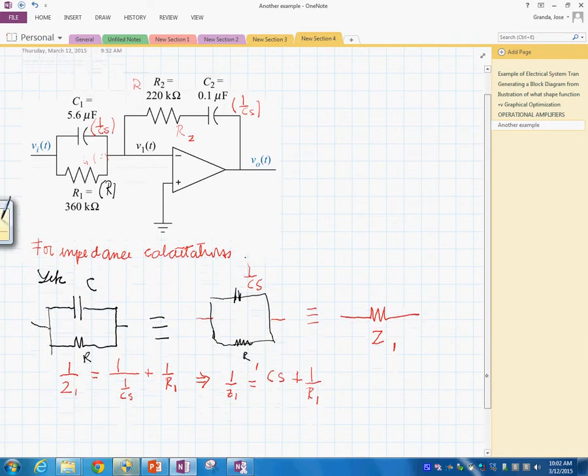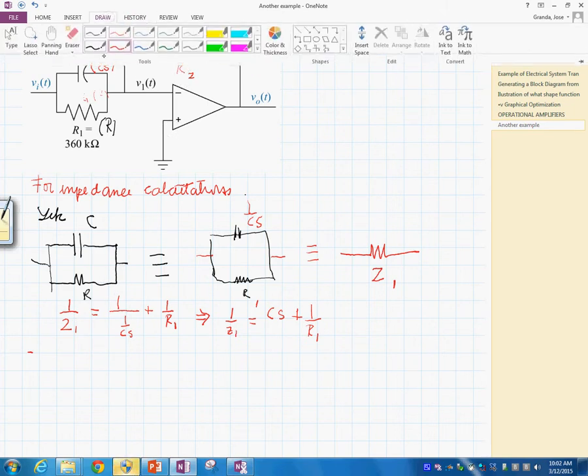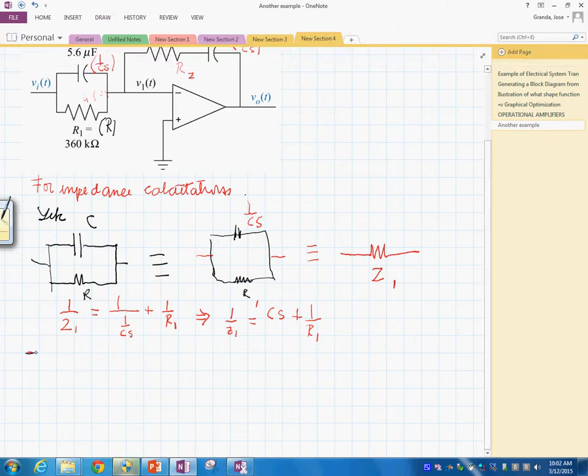If you have now the resistor here, if you have it like this, and then C like that, you can find out what the impedance of the entire thing would be, because that's what we want.